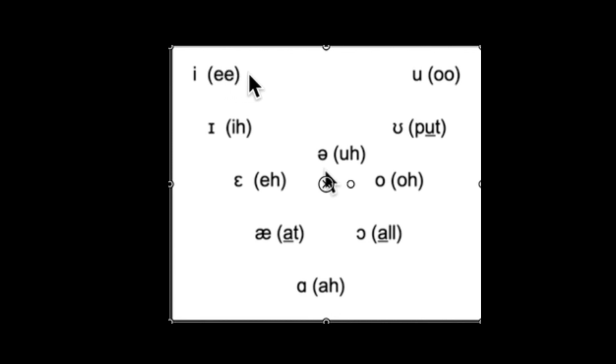What else can we talk about here? Well, here's another thing. This is a thing about all these vowels. When you begin an utterance with any one of these vowels, which is another way of saying starting to say something, and you start with a vowel, it will always begin with a glottal stop. A glottal stop is the click in the back of your throat that happens when you do lots of things. It happens all the time when you're speaking. You speak with glottal stops all over the place.